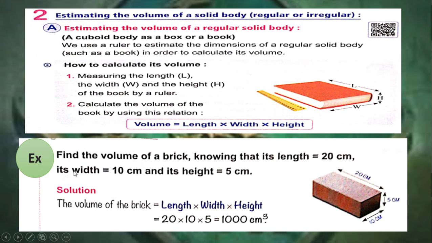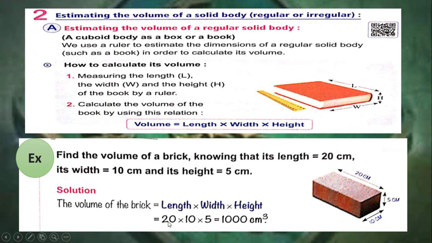For example, find the volume of a brick knowing that its length equals 20 centimeter, its width 10 centimeter, and its height 5 centimeter. Don't forget the rule, grade 4. The volume of the brick equals length times width times height. This is the rule.